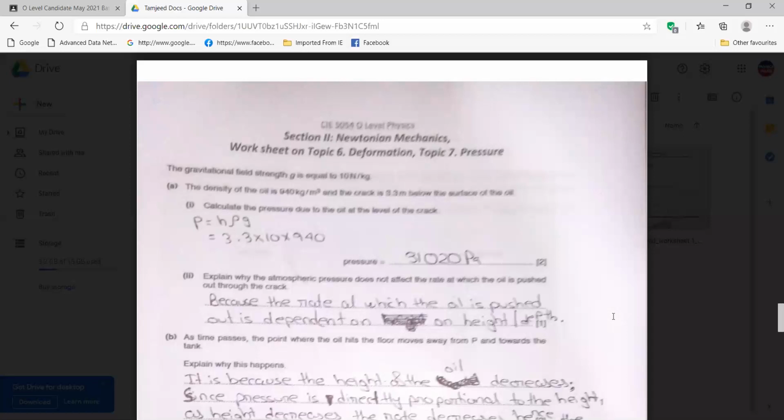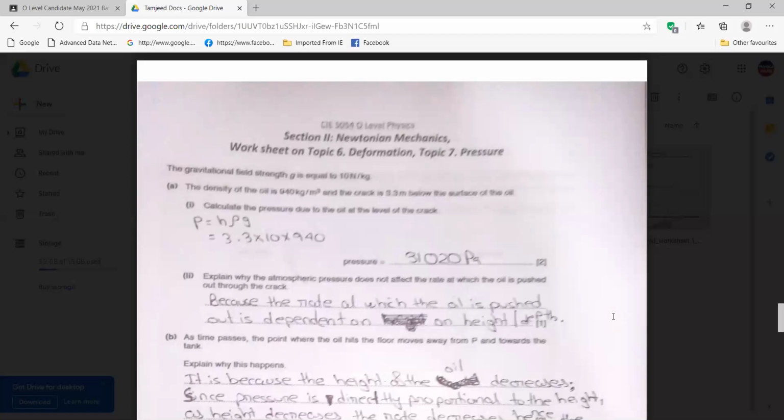Since the container is open, you can add this phrase. So, sir, if the container was closed, then would it be affected?